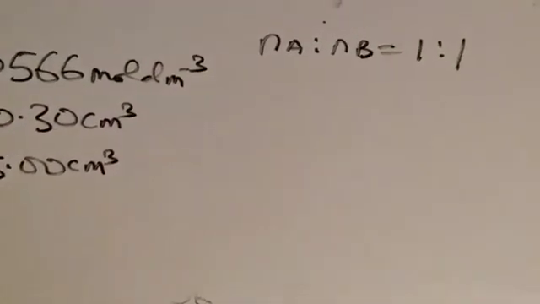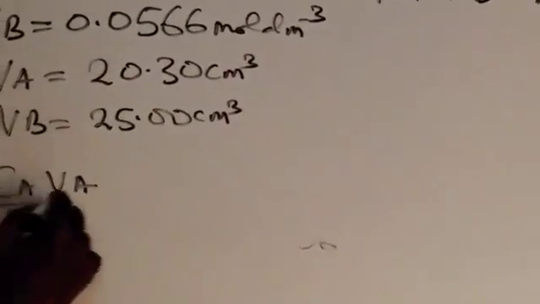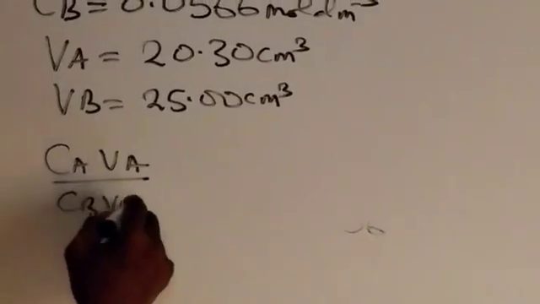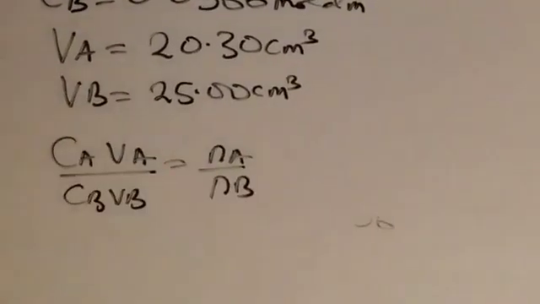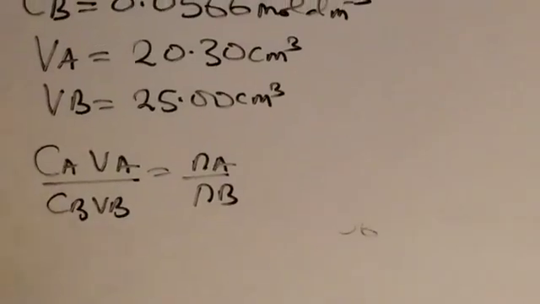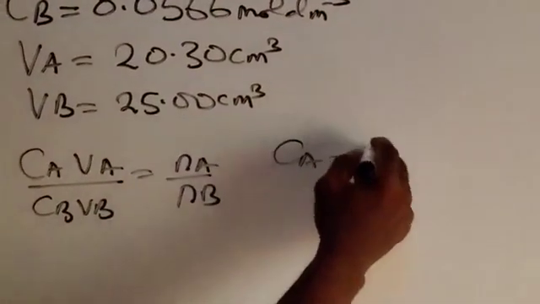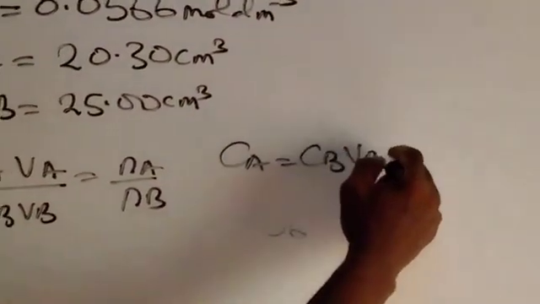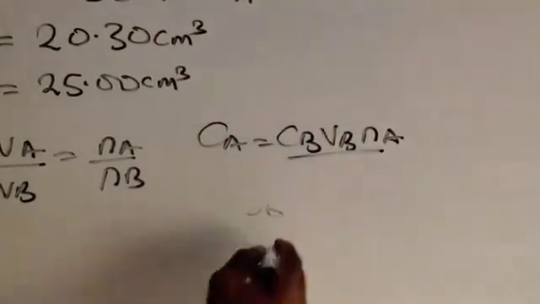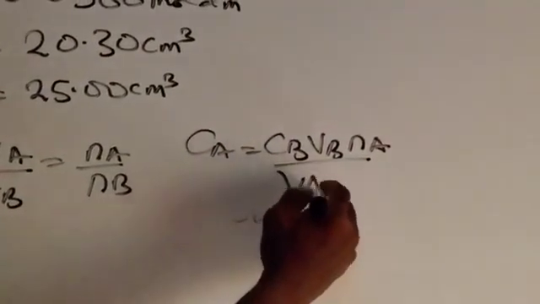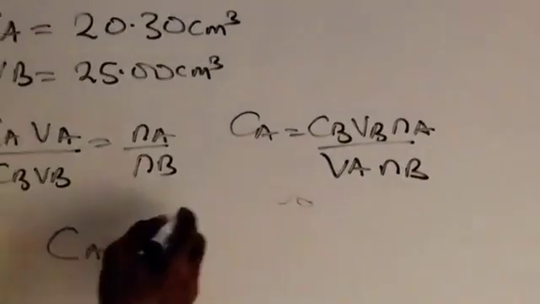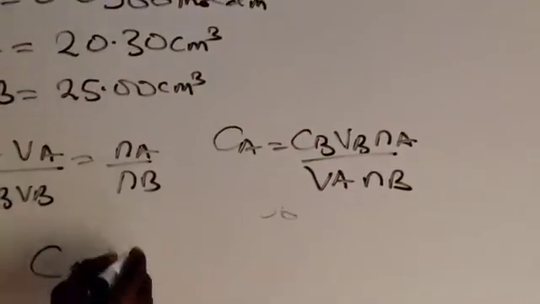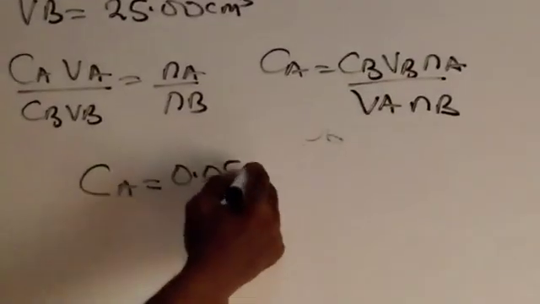So you quote your titration formula, CAVA over CBVB equals NA over NB. Having done that, you make CA the subject. So CA becomes CB times VB times NA all over VA times NB. Making a substitution, the value of our CB is 0.0566.